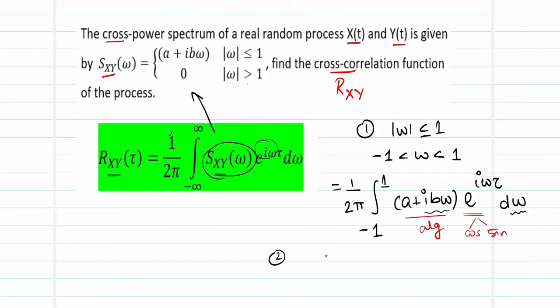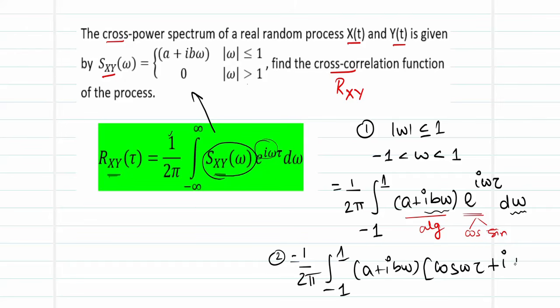So in my step 2, I consider this algebraic function, and for the sake of ease, we split this exponential function as cos omega tau plus i sine omega tau, into d omega. Whenever we have an algebraic input, just convert the exponential into cos and sine. This will make the problem a little easier for us in the coming process.